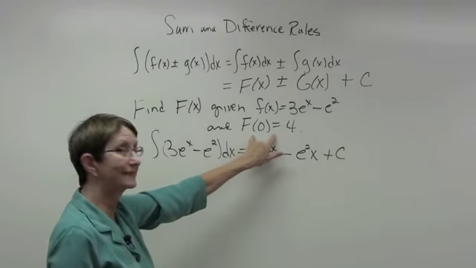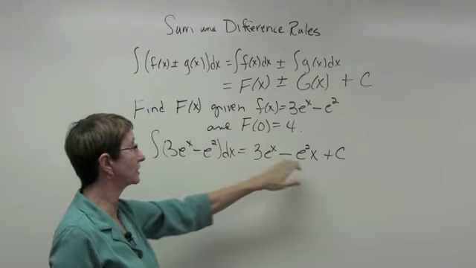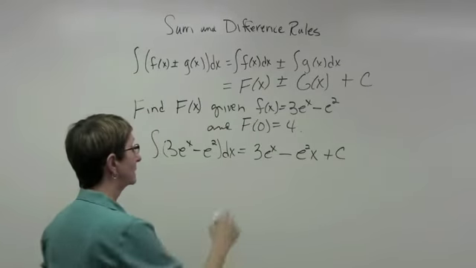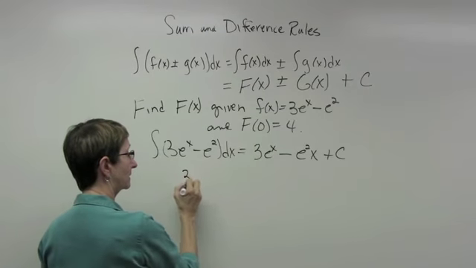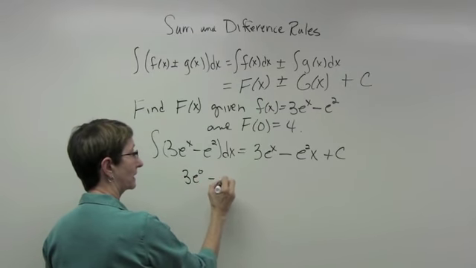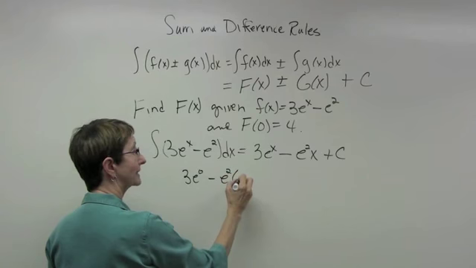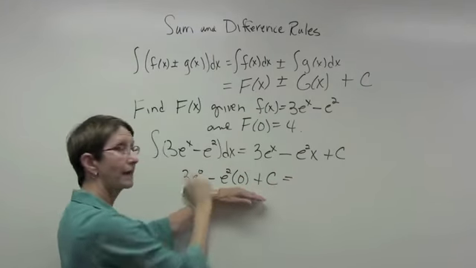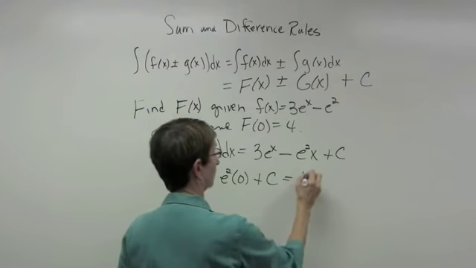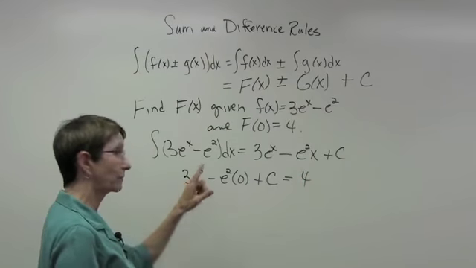Because I have this initial condition, I now have to use that condition to find the value for c. So let's plug in x equal to 0: I have 3e to the 0 minus e squared times 0 plus c, so that is my f of 0, equal to 4. E to the 0 is 1.